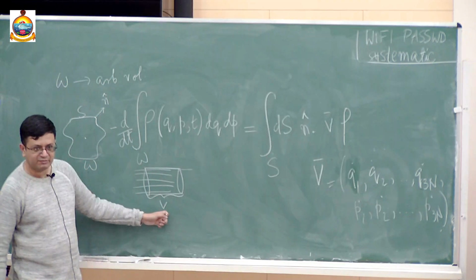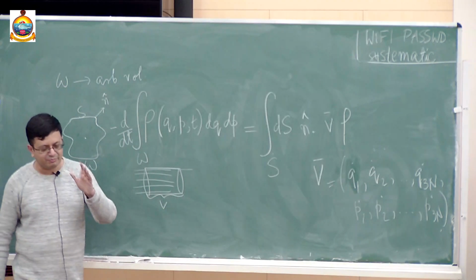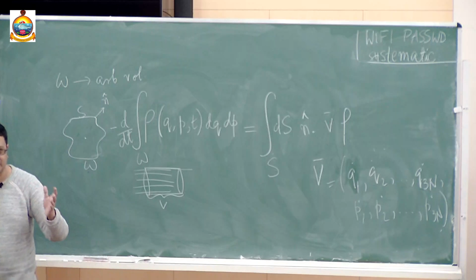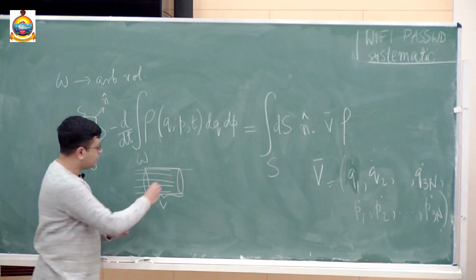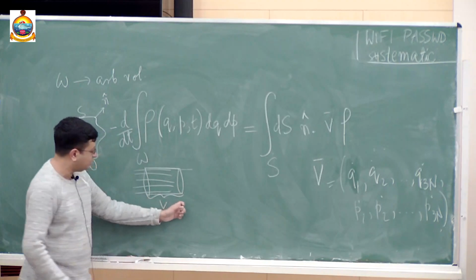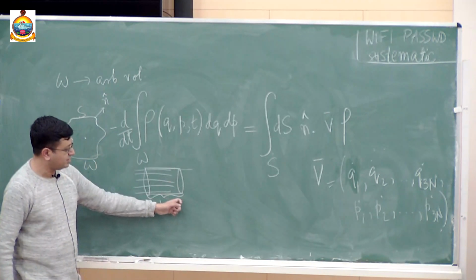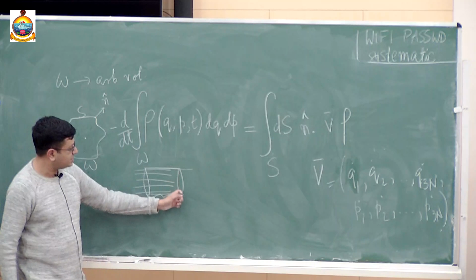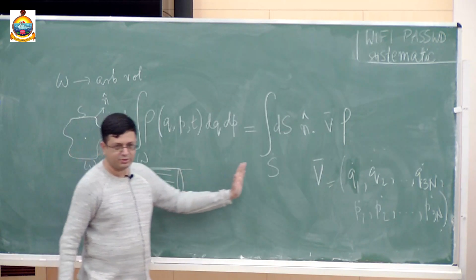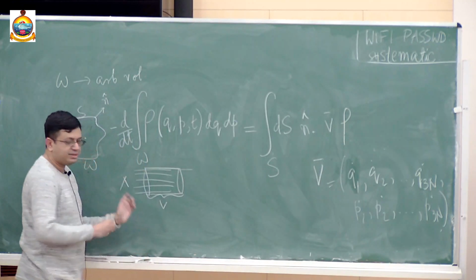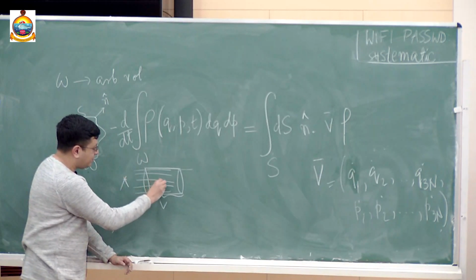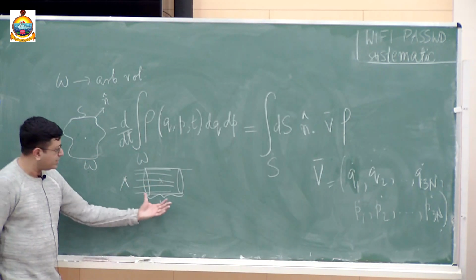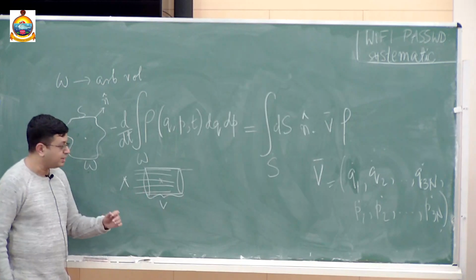In unit time, only those particles which are contained in this cylinder of length v, v by definition being the displacement in unit time, and cross sectional area 1, are going to cross this one. Those which are farther away will not be able to cross, because they will in unit time only move to some point here. Only those contained in this one.